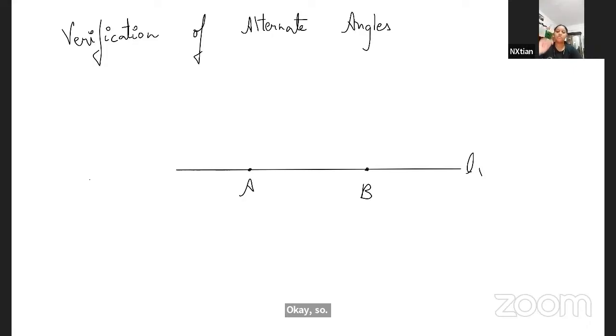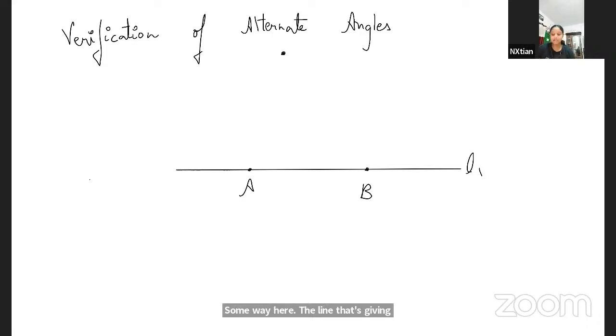Now take your protractor, put the center of the protractor on point A, and put a dot above the line where it's giving 60 degrees.